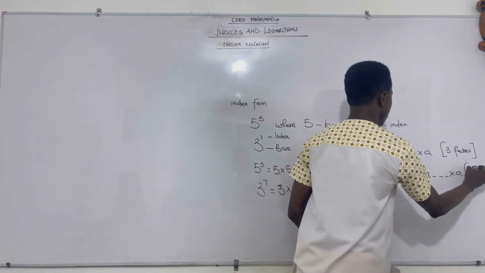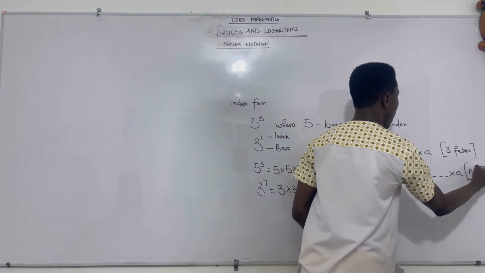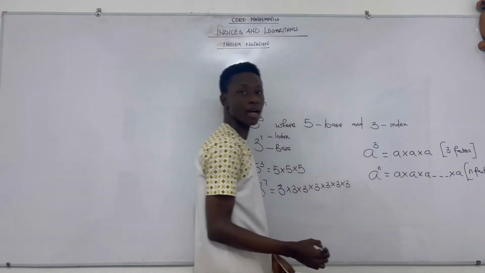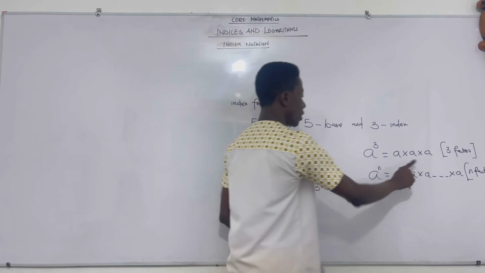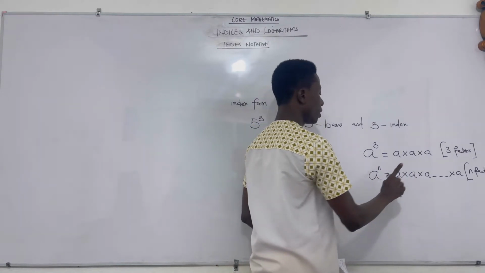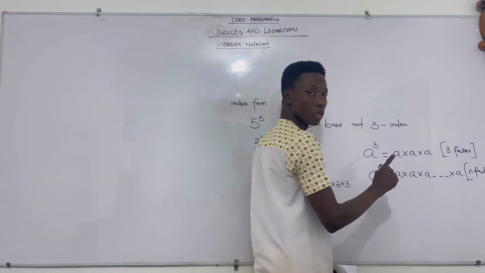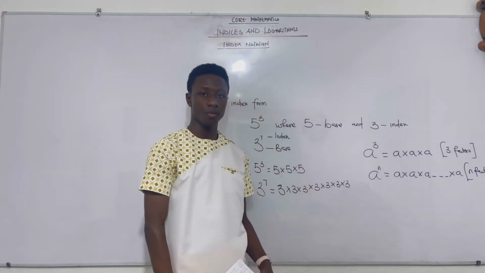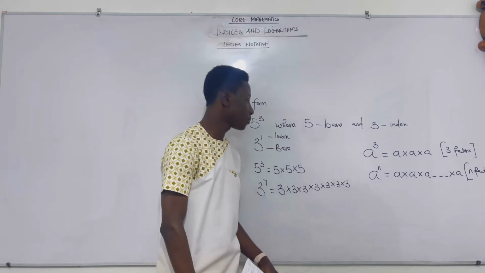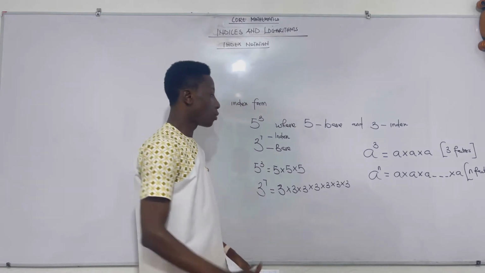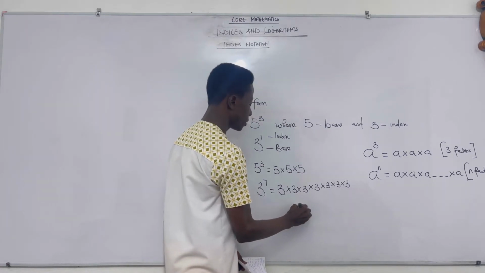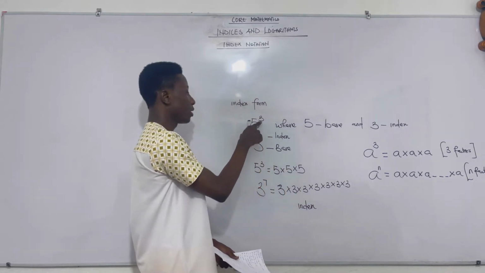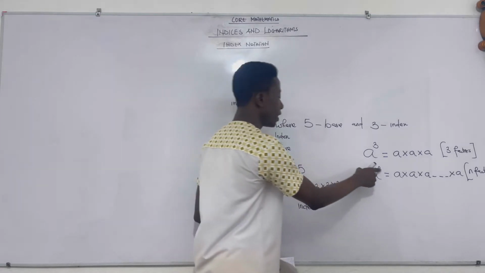So that is how many occurrences? For n factors. So if the index is 2, then it means you have to multiply a to itself 2 times. Now the index, for example, here the index is 7, here the index is 3, here the index is n.